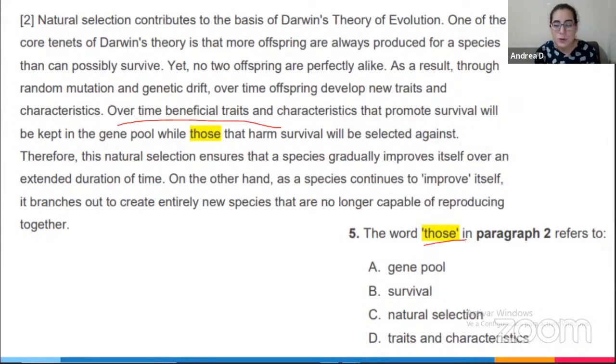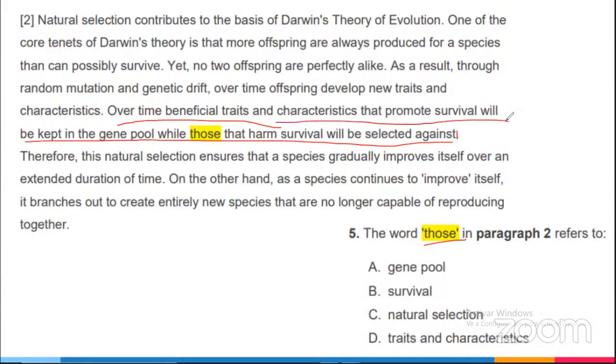So what do you guys think those refer to? What does those refer to? To traits and characteristics. Good, there you go. Anybody else has a different answer?